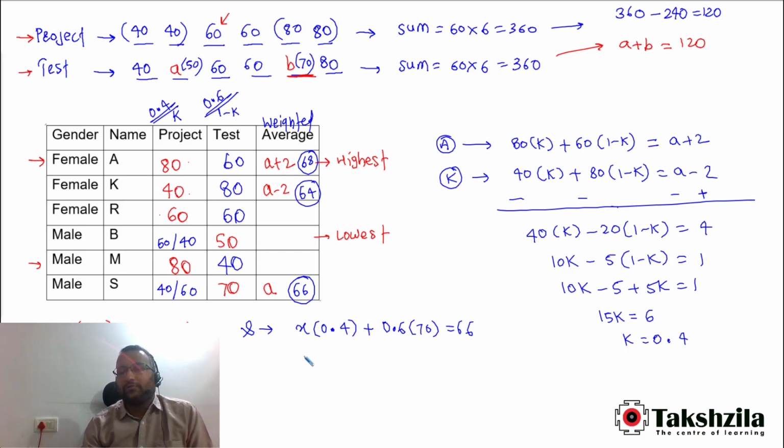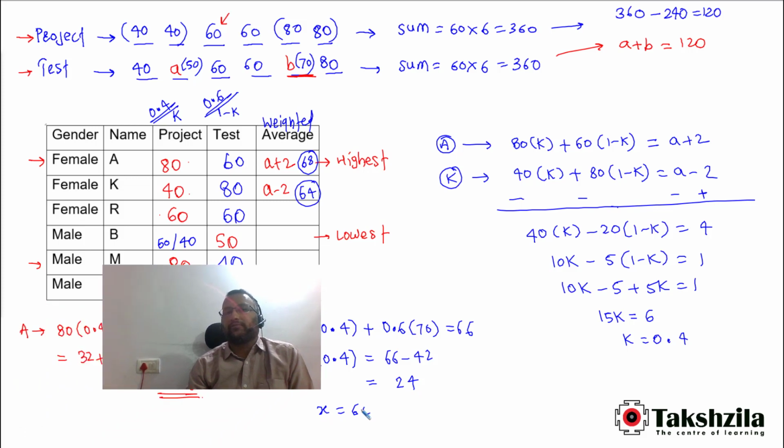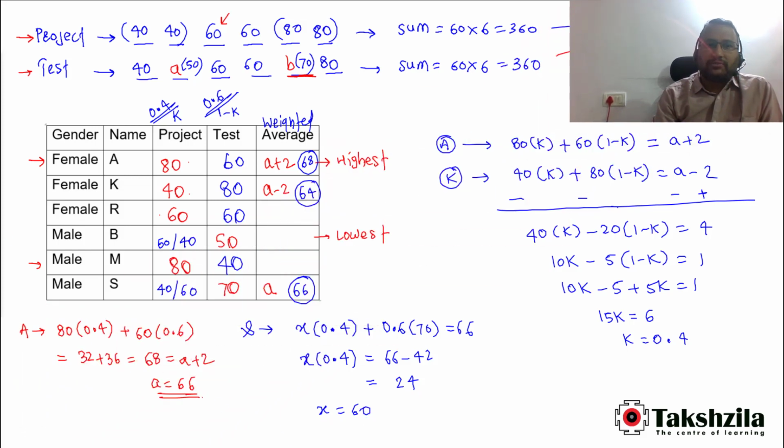So X into 0.4 is equal to 66 minus 42, that is equal to 24. So the value of X is equal to 60 over here. So from this what we can conclude is S is going to score 60 marks in the project and B is going to score 40 marks in the project.